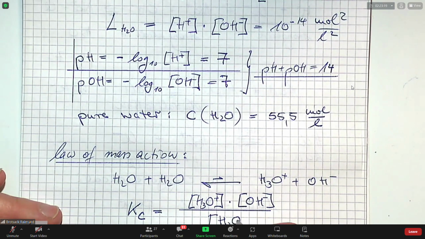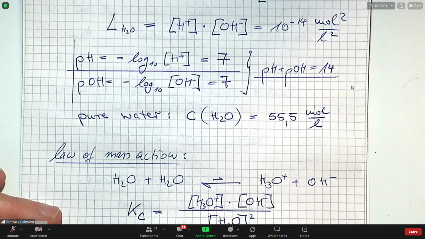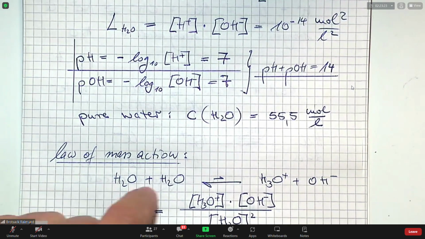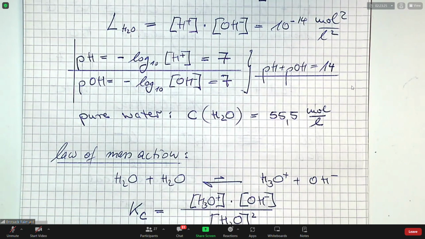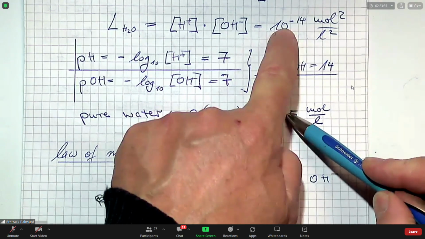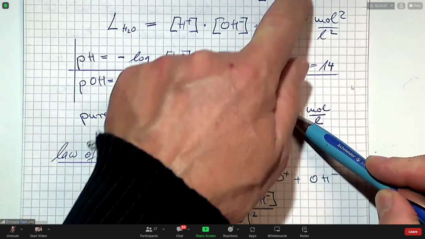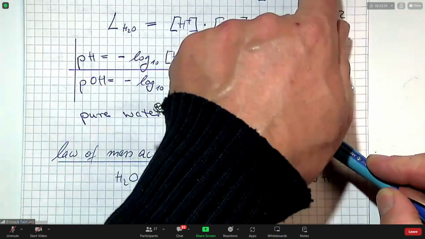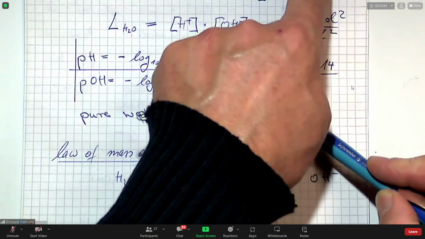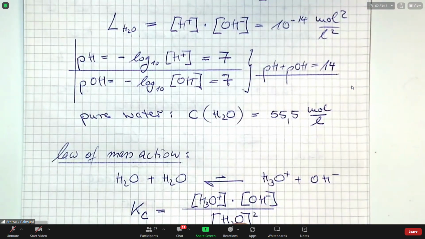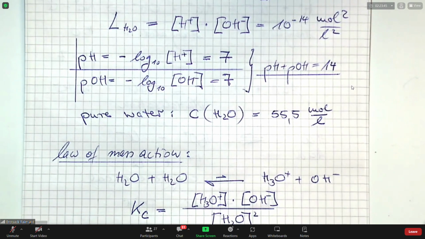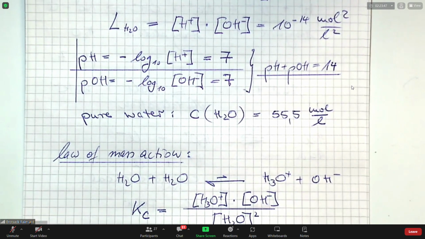Yeah, that's the difference. But now knowing that in pure water, the concentration of water is fixed, and this is very high compared to the concentration of the H3O plus or OH minus, we can integrate it to the Kc.